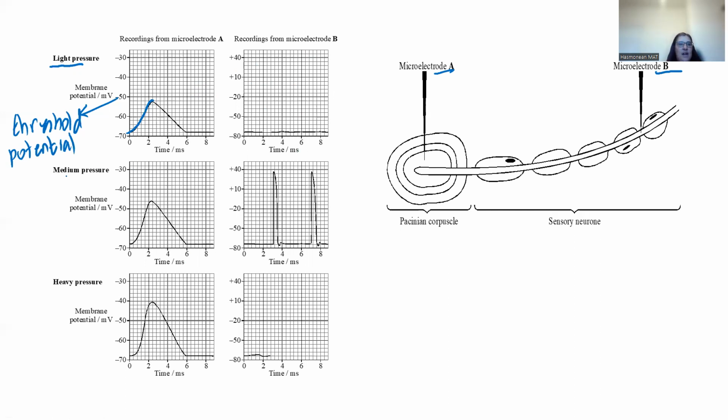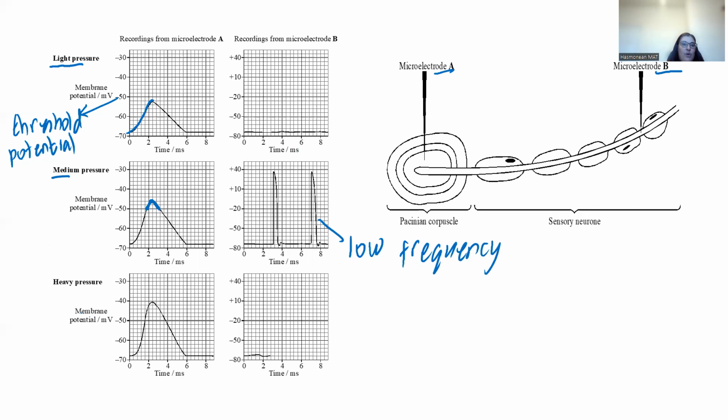However, if we put slightly more pressure on, medium pressure, then it goes above -50 for approximately 1 point something milliseconds, 1.2, 1.4, which generates a low frequency of action potentials in our microelectrode B, in our sensory neuron.